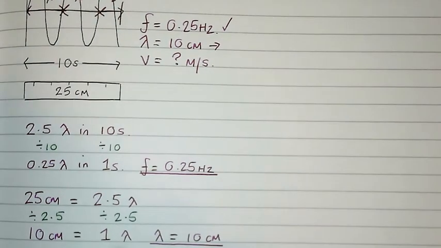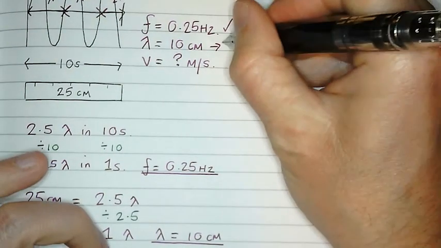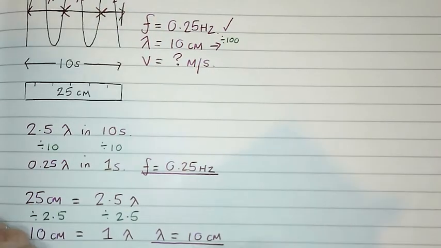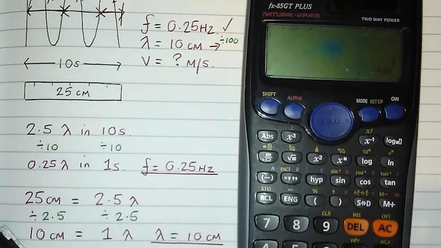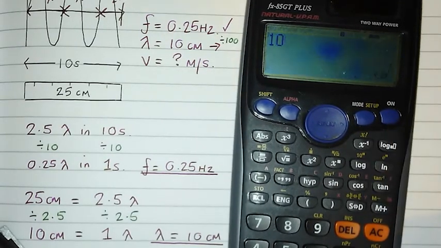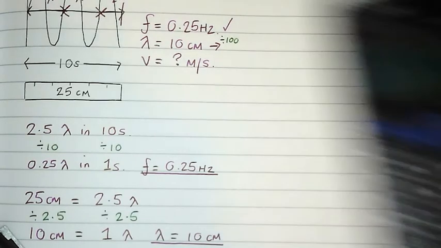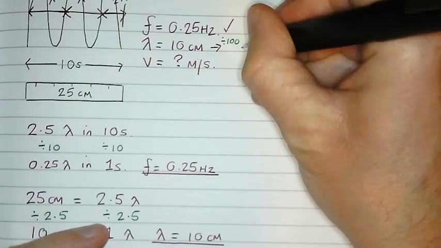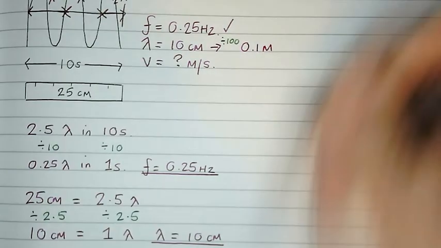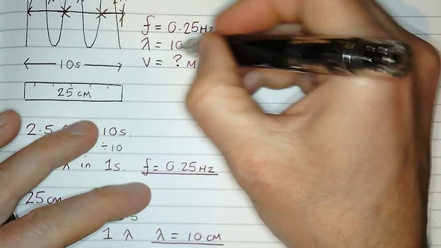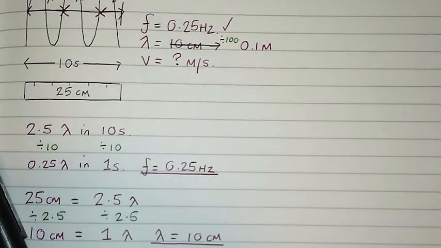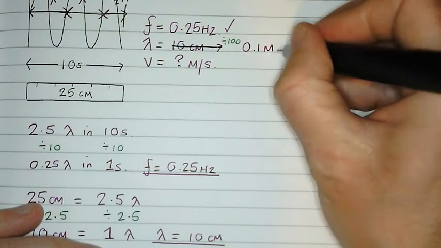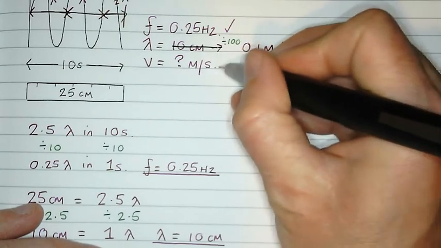So we're going to divide by 100. 10 divided by 100 is going to give us 0.1. So we have 0.1 meters. Get rid of this so we don't accidentally put it in our equation, but just a single line so that our examiner can see what we've done. So that's now our wavelength, that's correct. And meters per second for velocity, that's correct.